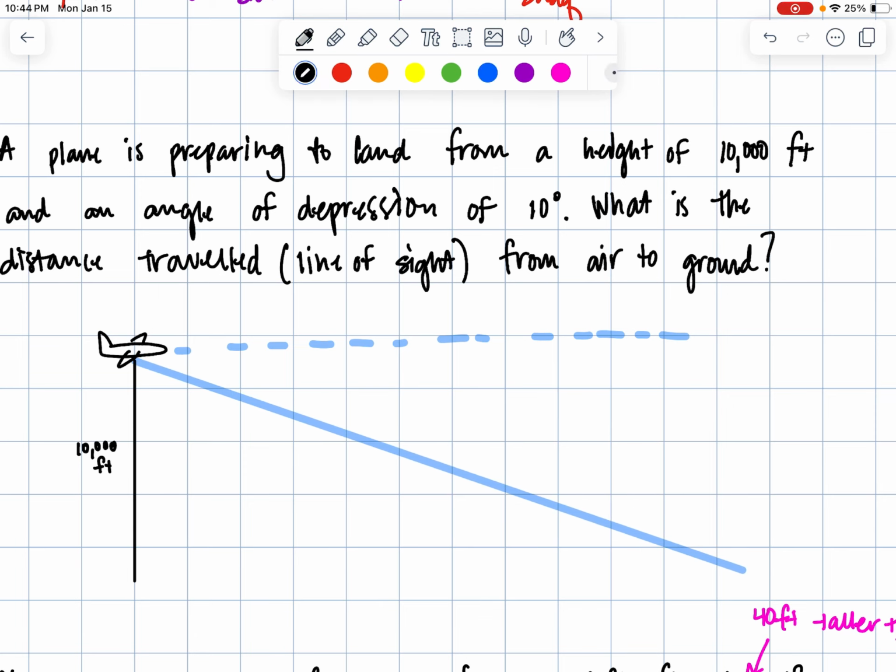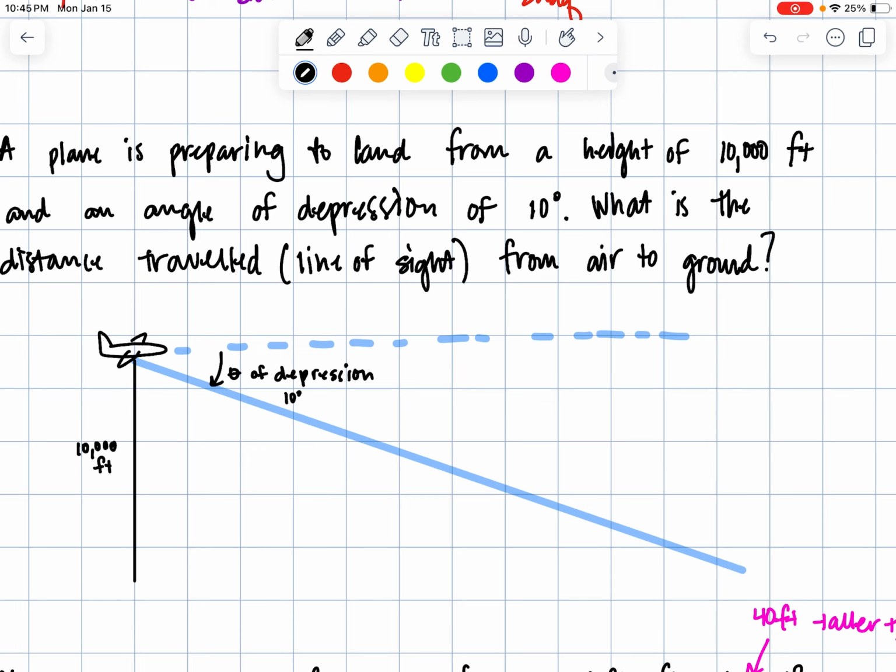You could do this one of two ways. From the line of sight to the angle, that is this angle. This is your angle of depression. And this is 10 degrees.